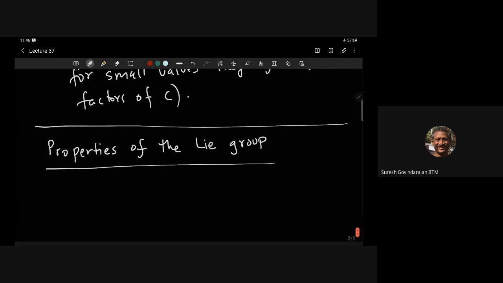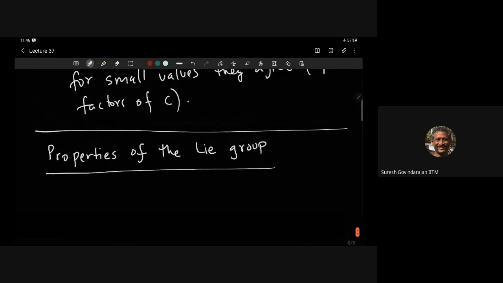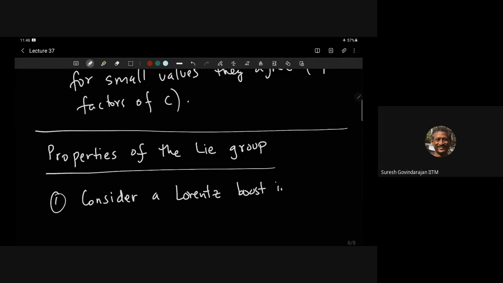Okay, so the first one, which we already saw, is... yeah, so now what I want to do, what is the property I wanted to... yeah. So consider, so we'll do this. X direction.